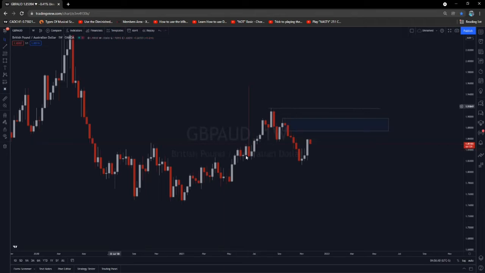We have this area of liquidity, which will be more clear on the daily or the 4 hour. So we took out some of the orders here.